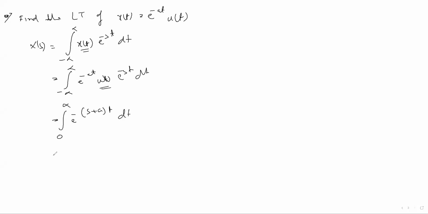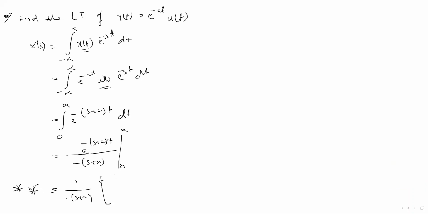So what is the integration? The integration is minus 1 by s plus a, e to the power minus s plus a times t, and the limits are 0 to infinity. At this step I have explained also, and it is very important, that is why I stress it. The denominator part, you just bring outside, s plus a.